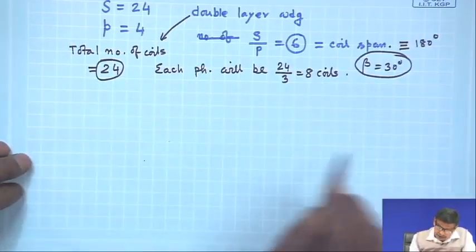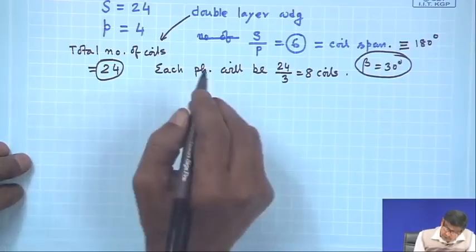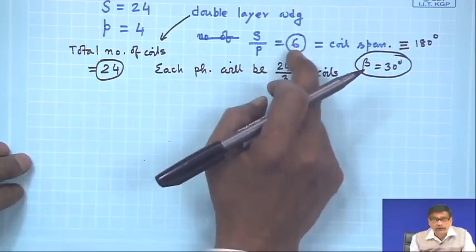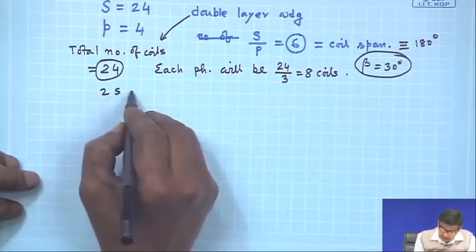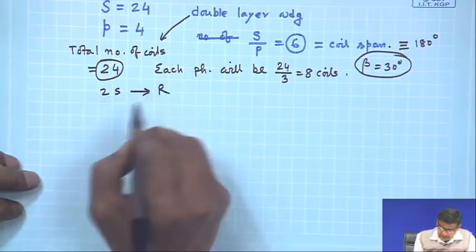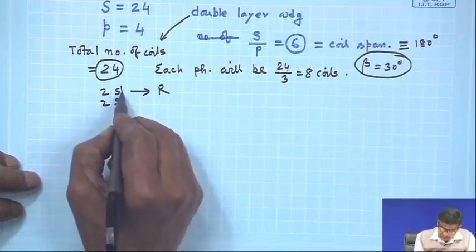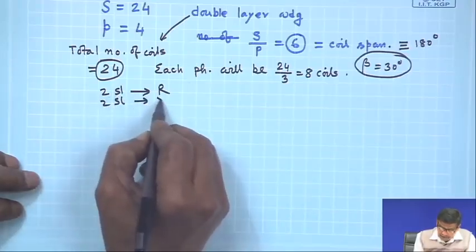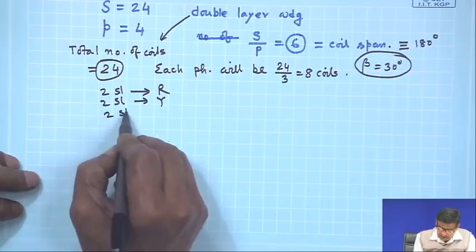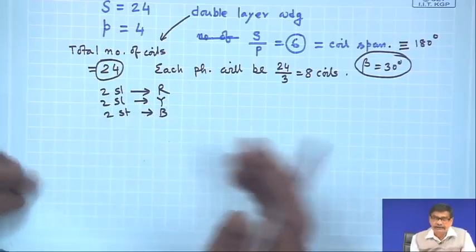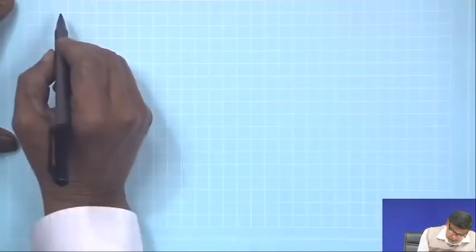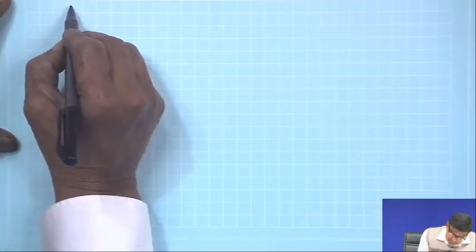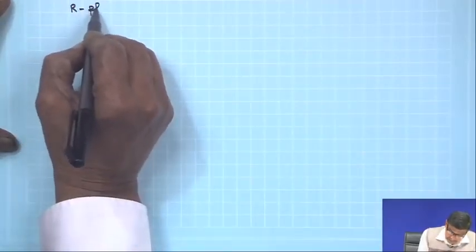Achha. So, I will distribute the coils. The number of slots available per pole is 6. Therefore, 2 slots I will allot to R phase, 2 slots to Y phase, 2 slots to B phase, like the previous way only. Then look here carefully, this is for R phase.